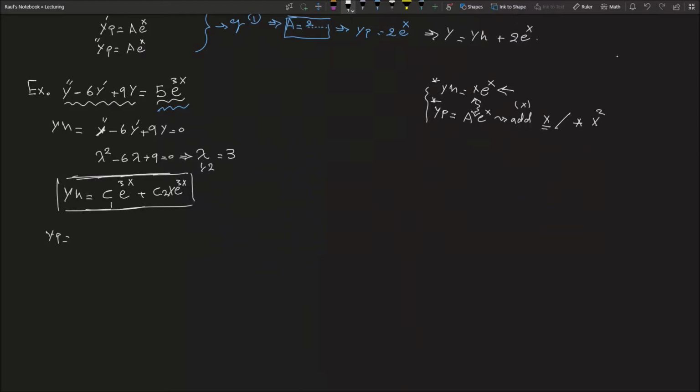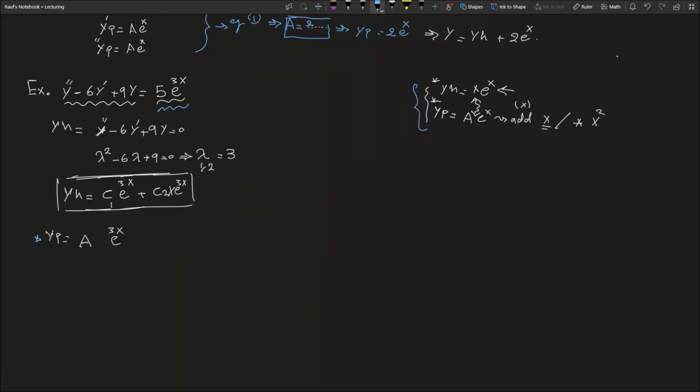Now, if you go back to the table, if you have 5 multiplied by e to the power 3x, you can say a, just any constant, a, b, c, whatever you prefer, a multiplied by e to the power of 3x.